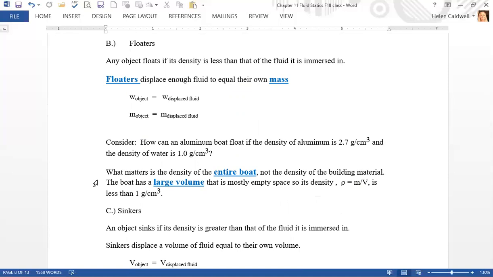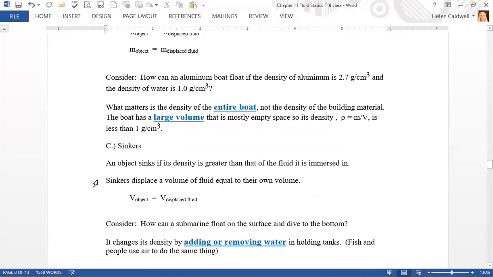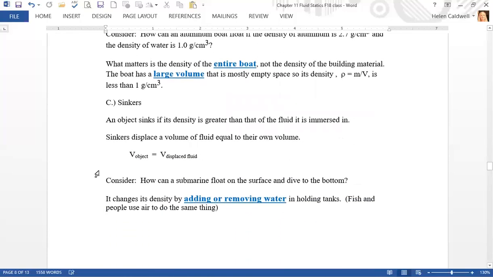So why do things sink? An object sinks if its density is greater than that of the fluid it's in. So the volume of the object equals the volume of the displaced fluid. Well, wait a minute. Some things float and sink. Submarines, for example. A submarine changes its density.